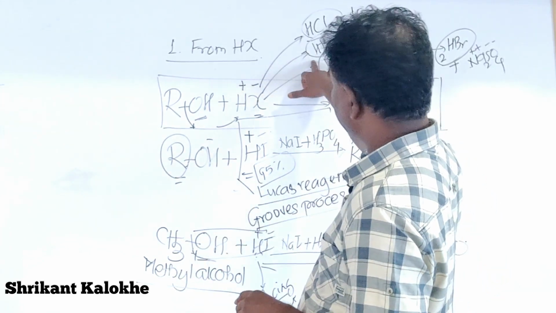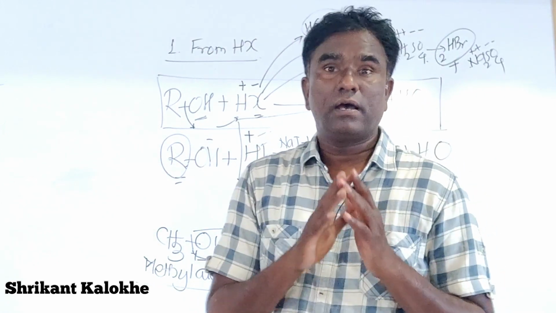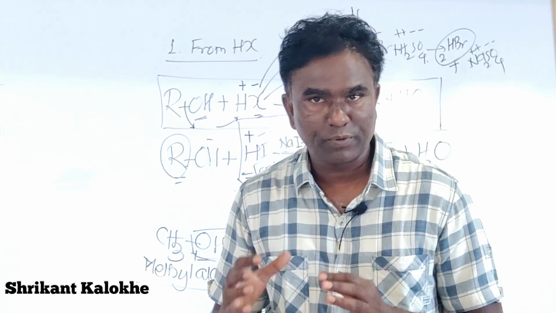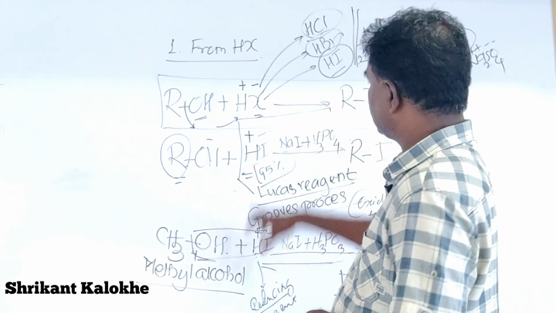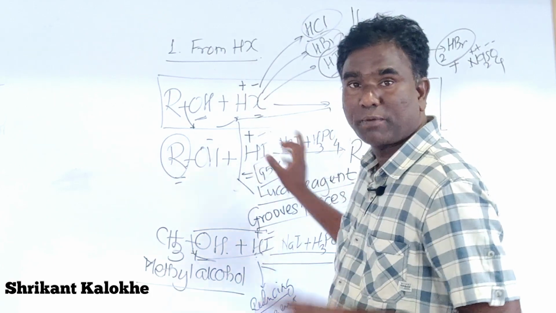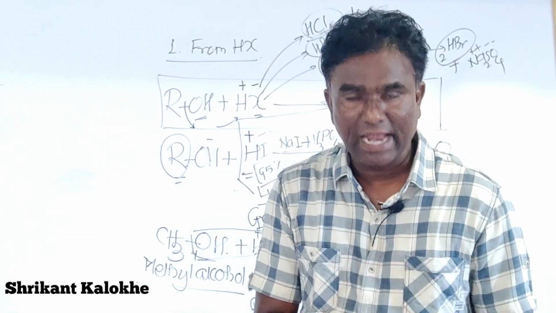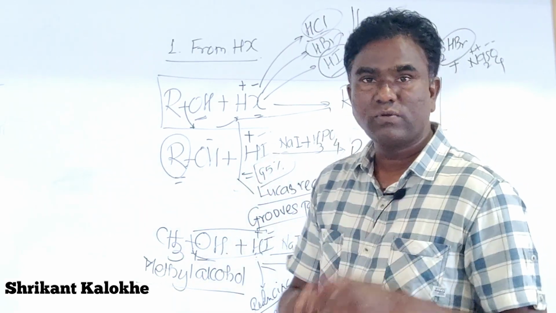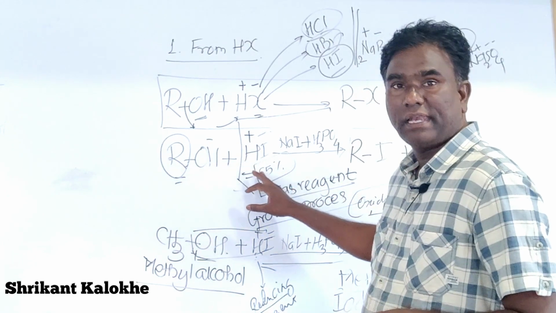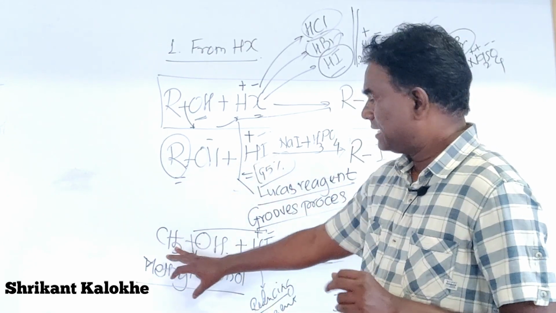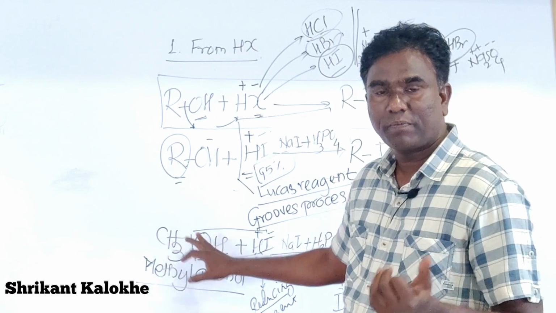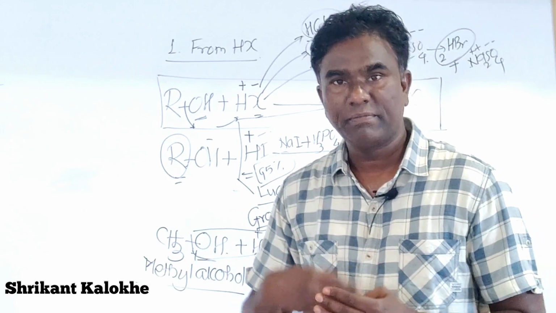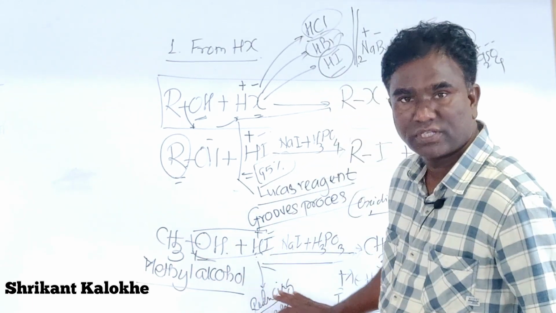The second reagent is HBr, which has to be taken at 48%, and that comes from a mixture of sodium bromide and sulfuric acid. The third reagent is HI, which comes from the mixture of sodium iodide and phosphoric acid, and 95% HI is required to convert alcohol into alkyl iodide. In this way, we have taken the example of conversion of methyl alcohol into methyl chloride, methyl bromide and methyl iodide by using three different mixtures.